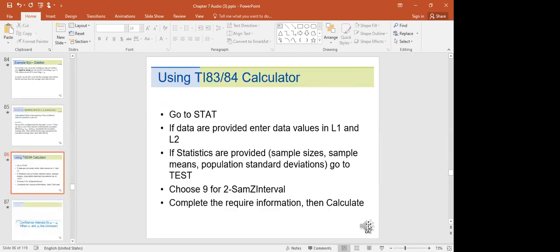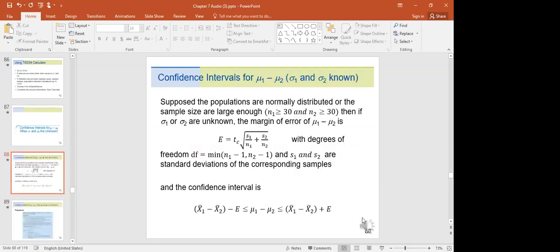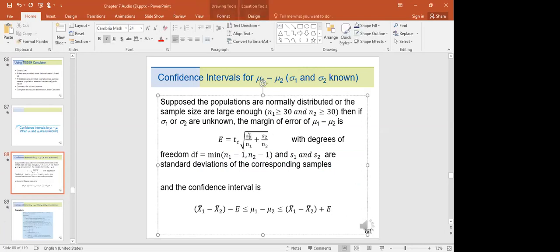So these are the instructions to use the calculator. Now, when sigma is unknown, we are going to use the calculator the same way we use the t distribution, and we are going to use two sample t interval when the sigmas are unknown. When the sigmas are unknown, the formula is, we are having the same situation here where we should put square here.